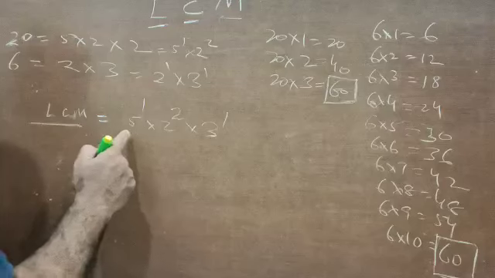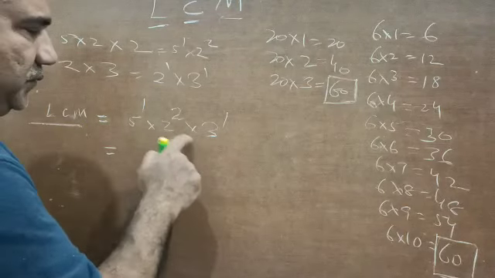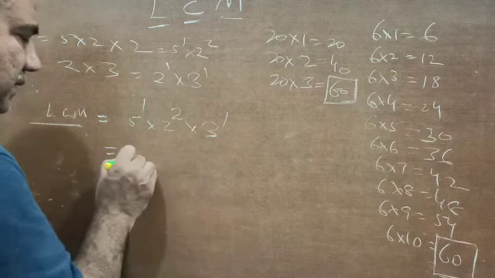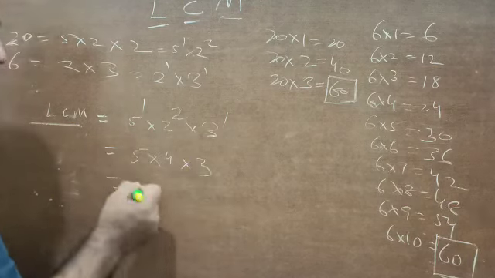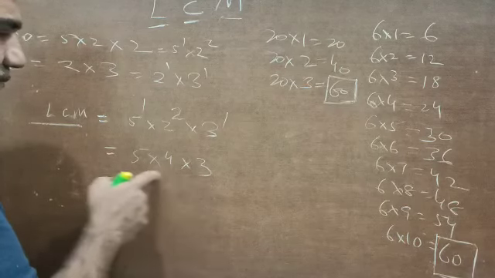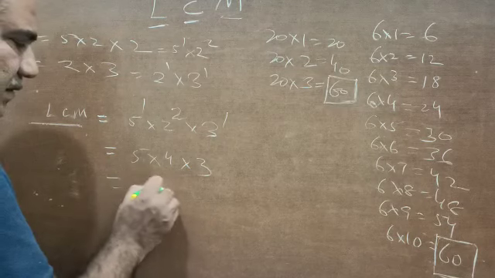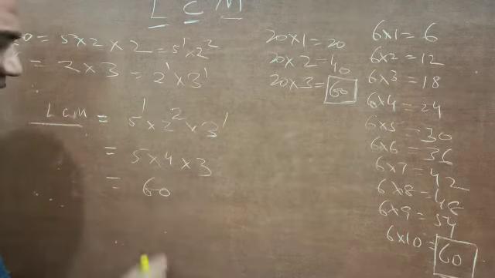So the LCM is 5 into 2 raised to power 2 into 3. This becomes 5 into 4 into 3, and that becomes the LCM: 3 fours are 12, 12 fives are 60. 60 is the LCM.